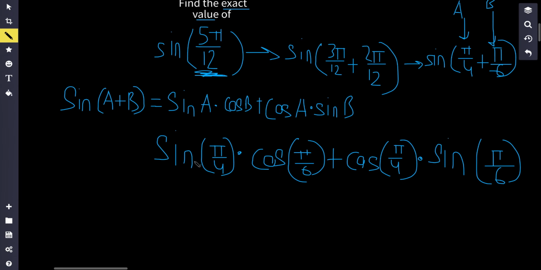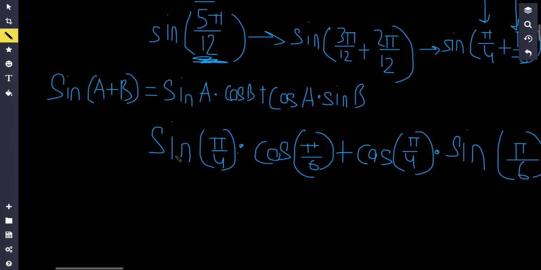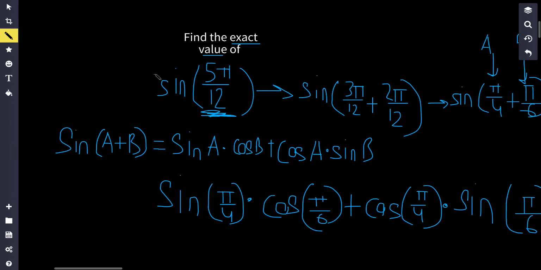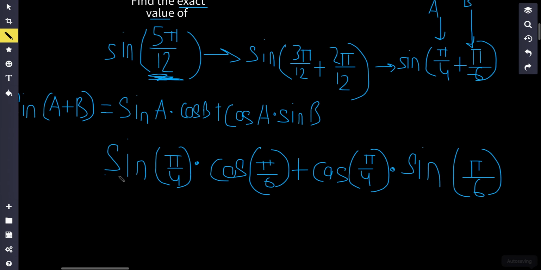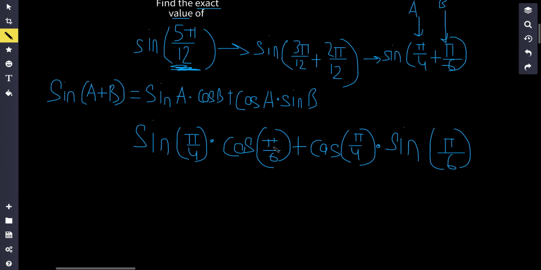Now, the thing about sine of pi over 4 and cosine of pi over 6 and all of these is that we can use our unit circle to figure out the values. We've rewritten sine of 5 pi over 12 in a form where we can use the unit circle to calculate these values.